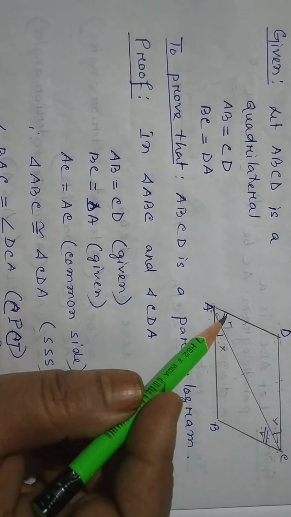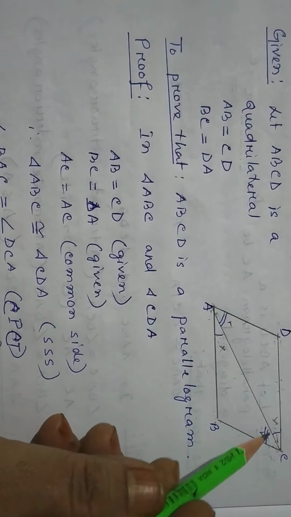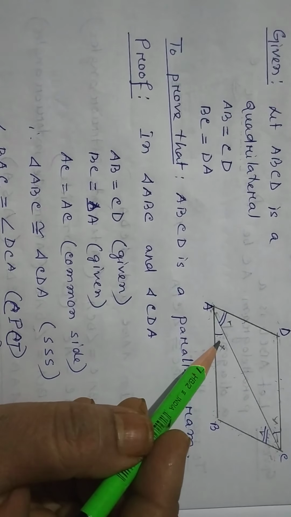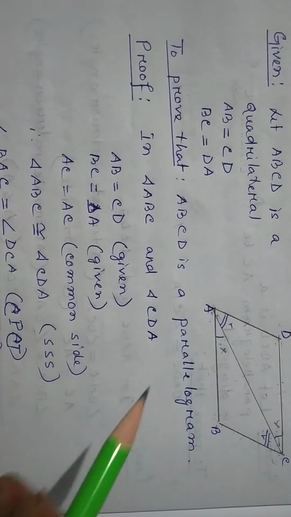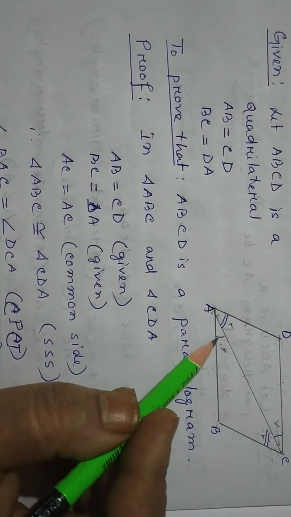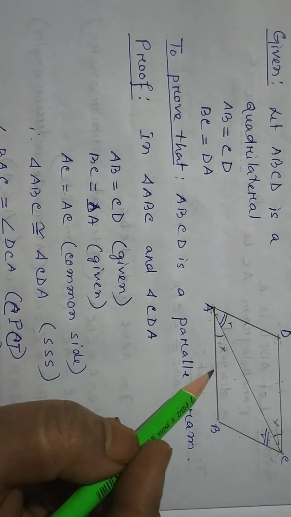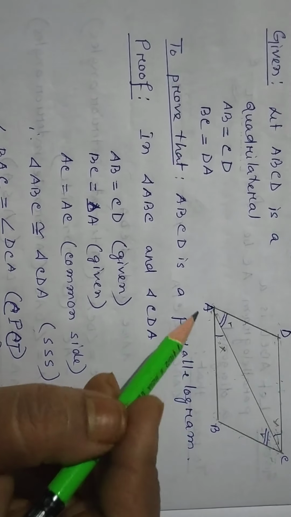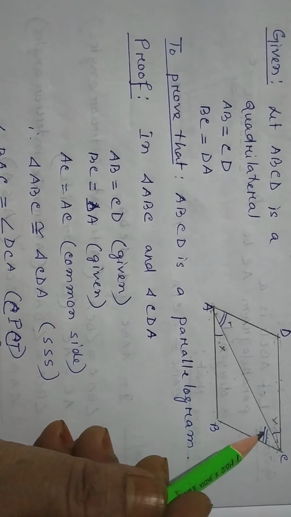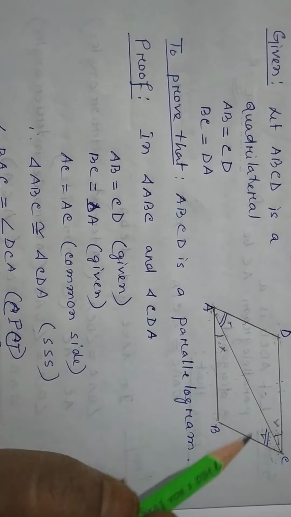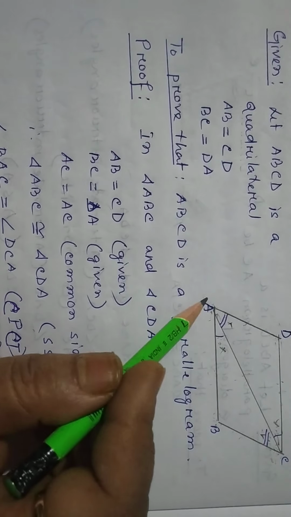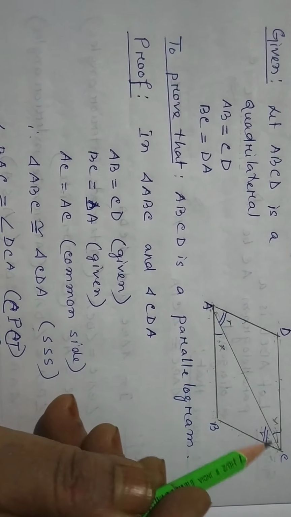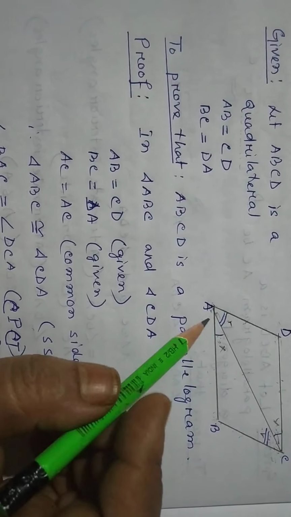But this pair is alternate interior angles and this pair is also alternate interior angles. Therefore, if this pair is alternate interior angles, then AB parallel to DC and AC is the transversal. And if this pair is alternate interior angles, then BC parallel to DA and AC is the transversal.